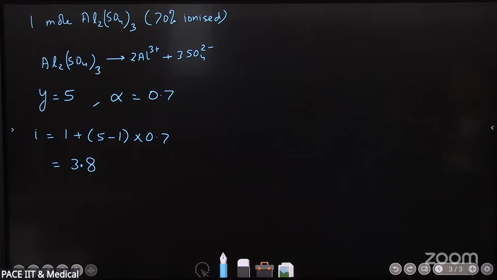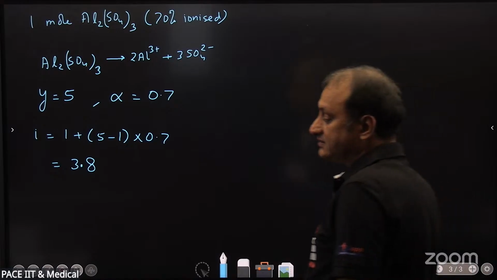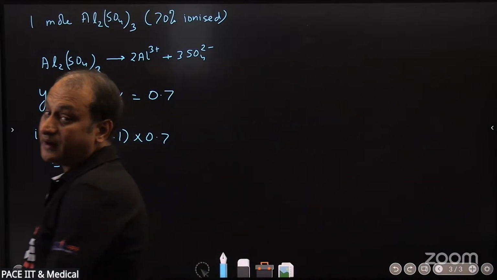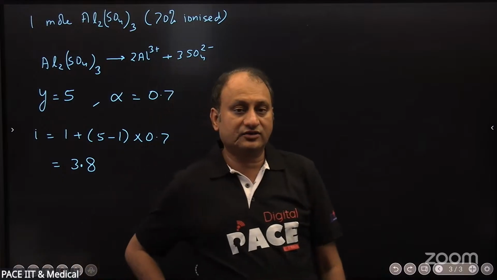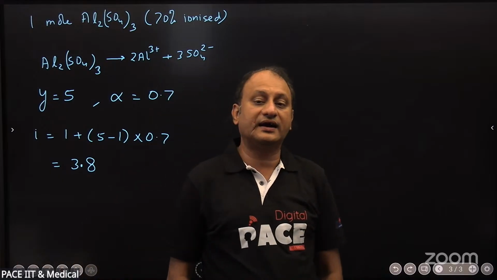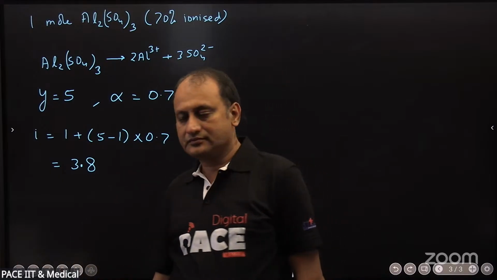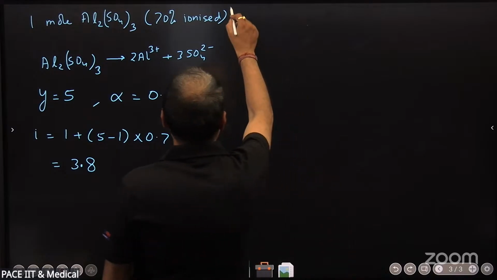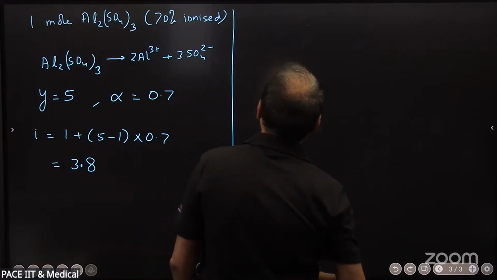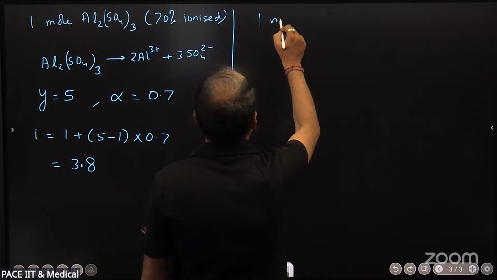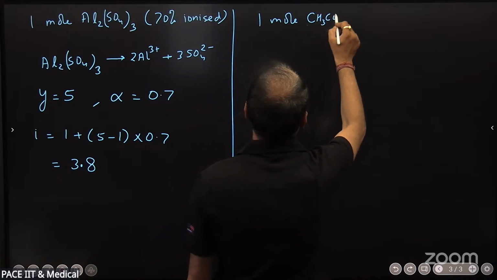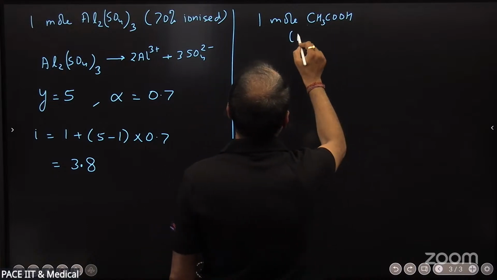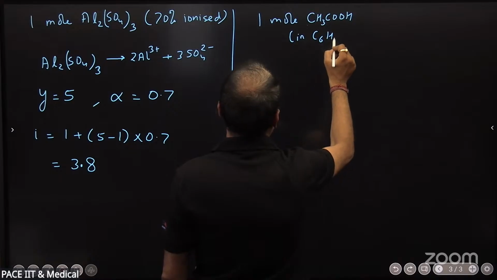And see, there will be several cases where there might be association also. The solute molecule may make a dimer or a polymer. Let's take an example of that form also. 1 mole acetic acid in benzene. Solvent is benzene.